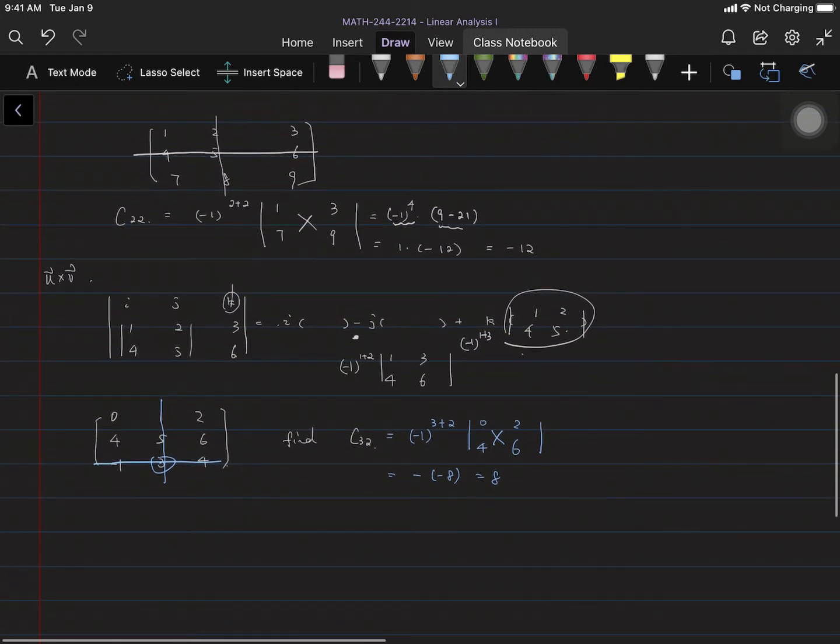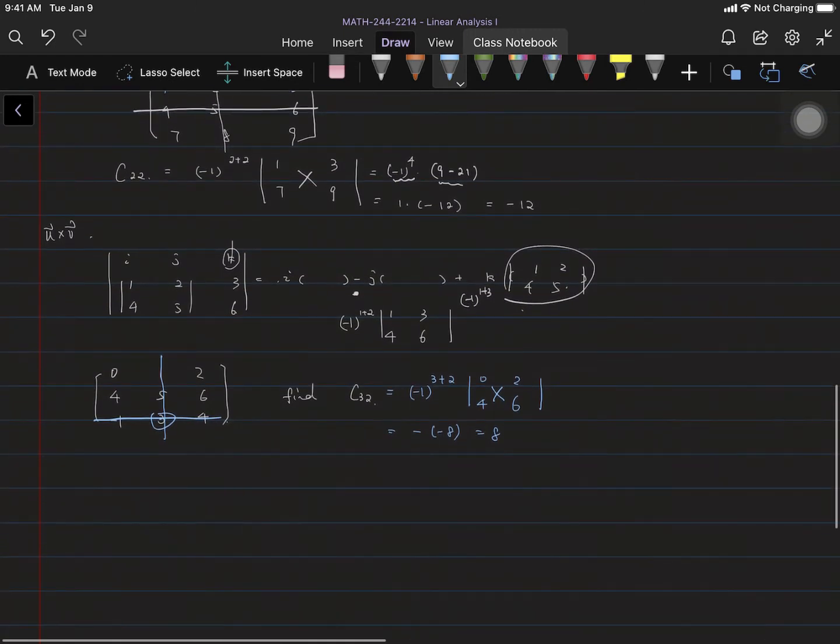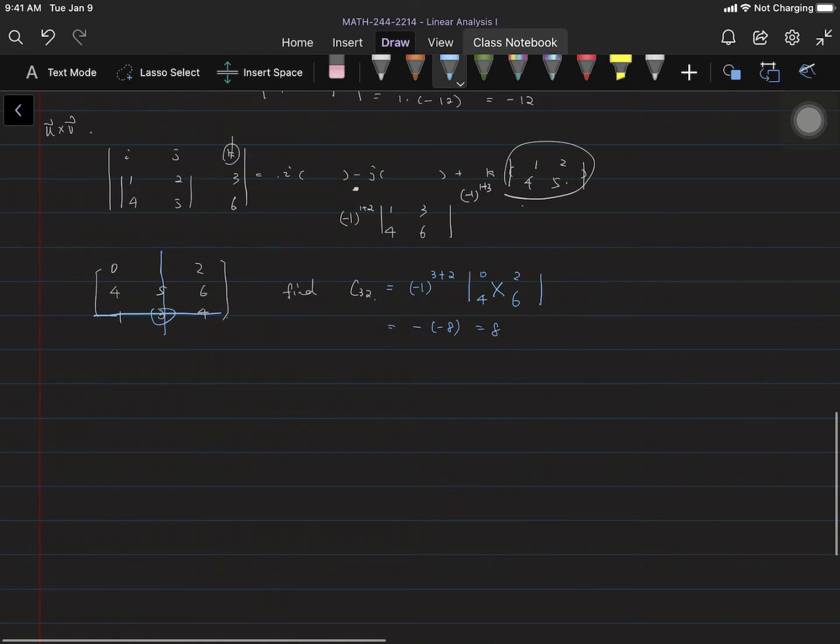Now I'm going to show you this one. Let's take a look at the determinant of this matrix: A11, A12, A13, A21, A22, A23, A31, A32, A33, right?